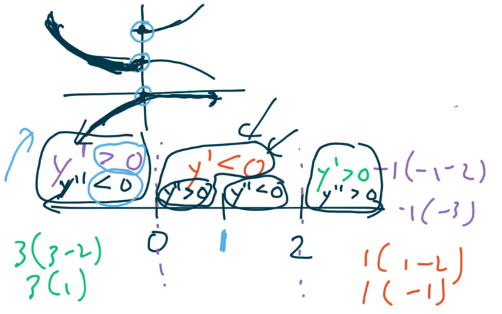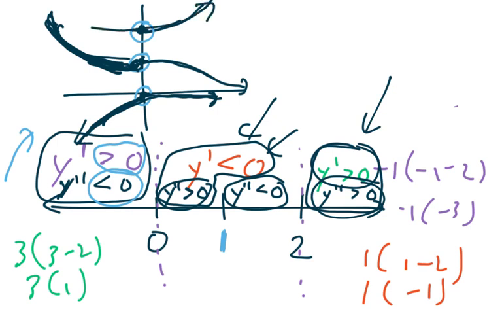So somewhere here is an inflection point, kind of doing something like that. Okay? And then finally, above y equals 2, we know our slope is positive while our concavity is positive. So that's how I know it's going to go upwards like that, something like that.